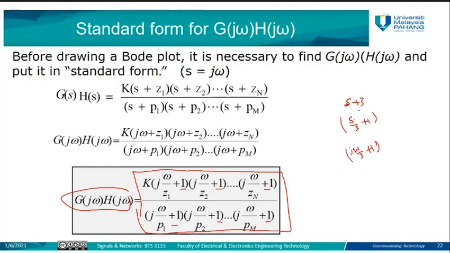Okay, so whatever transfer function is given, or you find it for the system, as we say, the most common representation of a transfer function is in s, because it comes from the Laplace transform. But if we want to draw the frequency response, we need to represent each s by either omega or j omega. That means our focus will be on the imaginary part of the s operator only.